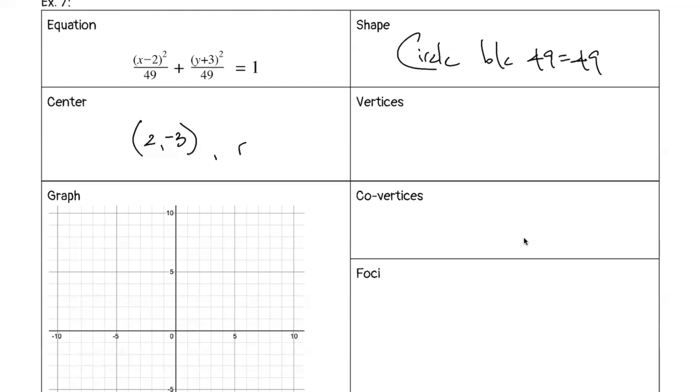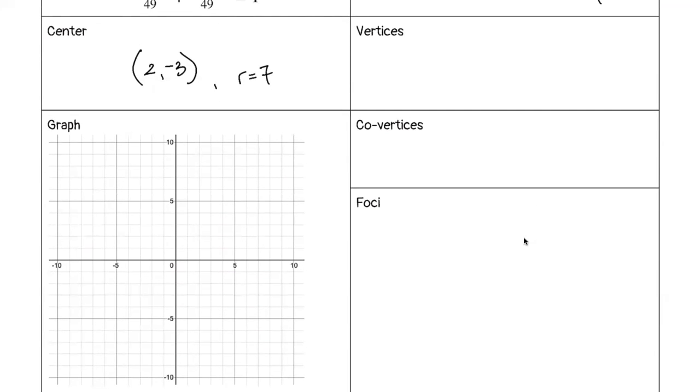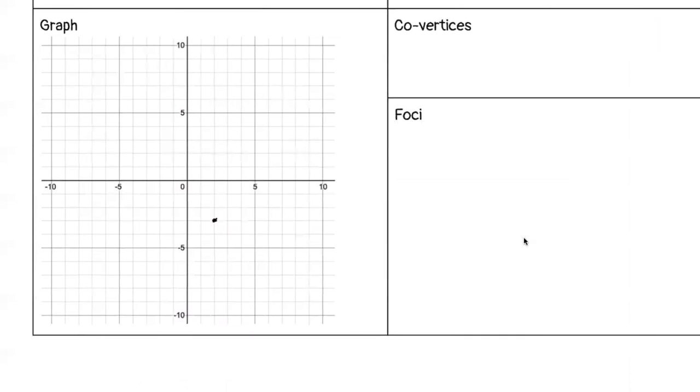So maybe we just sneak that in here, radius equals 7, and then we could just sketch a quick graph of this, right? So we're going to go to 2, comma, -3. We're going to count out 7 in each direction, right? And we connect everything with a circle.